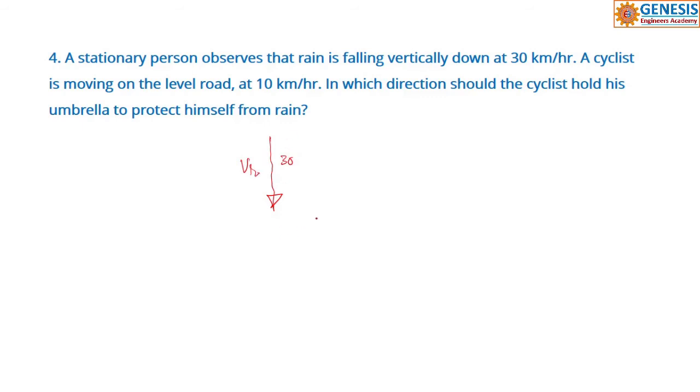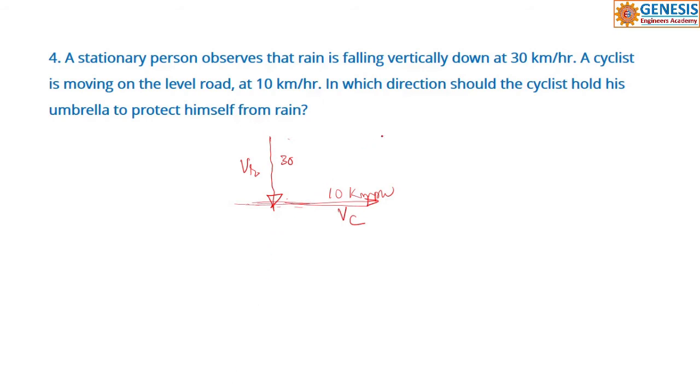The cyclist is moving on the level road like this, so this is VC, for the cycle, at 10 kilometers per hour. In what direction should the cyclist hold his umbrella?